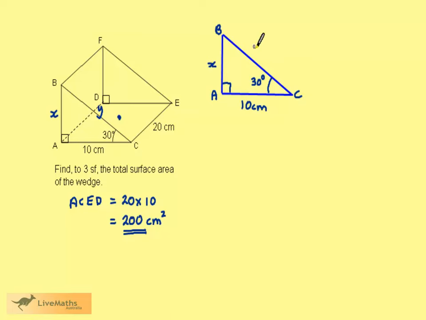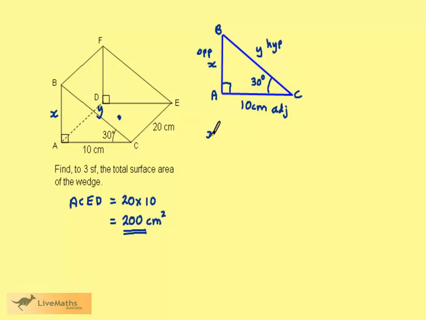This is the length we called X, and this one Y. Here we have our angle. The longest side is always the hypotenuse. For our angle, this would be the adjacent, and this would be the opposite.